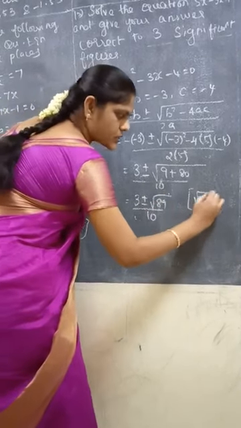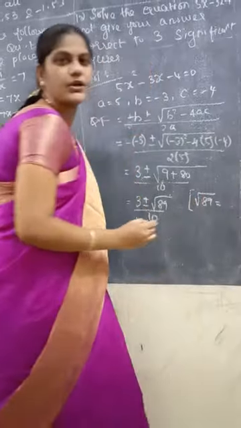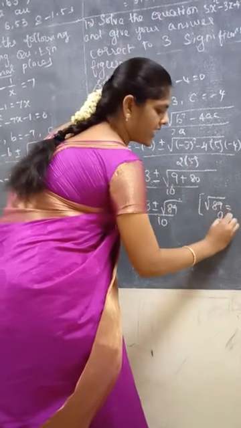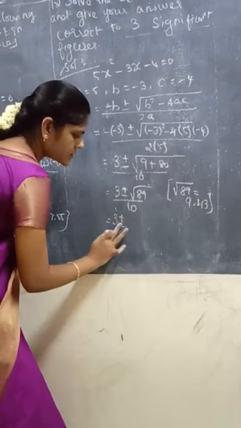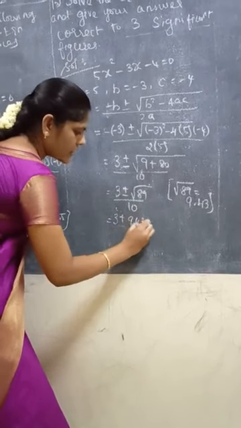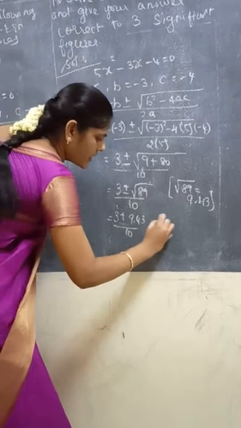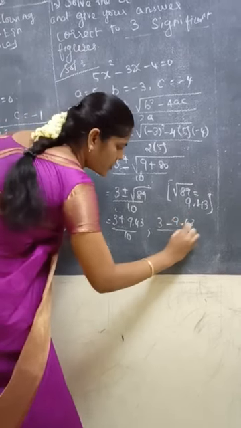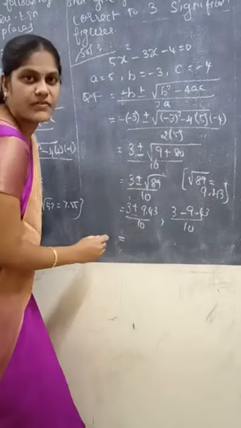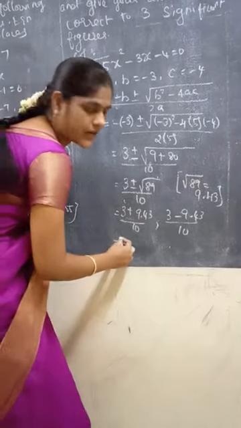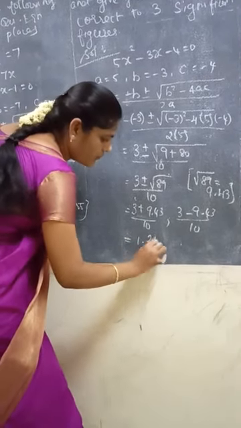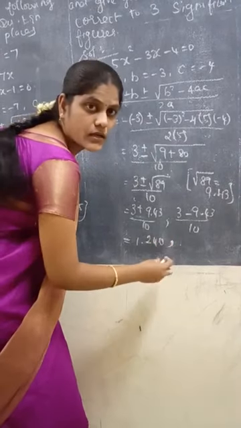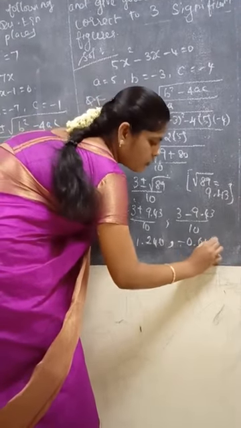So listen, the square root of 89 value you need to look up in your log book: 9.43. Apply here: 3 plus 9.43 by 10, and 3 minus 9.43 by 10. If you simply add and divide, you will get 1.240 and minus 0.643.